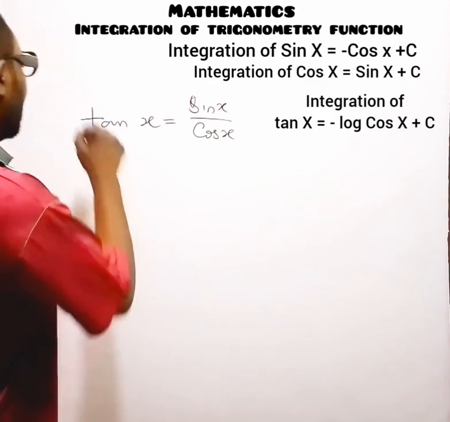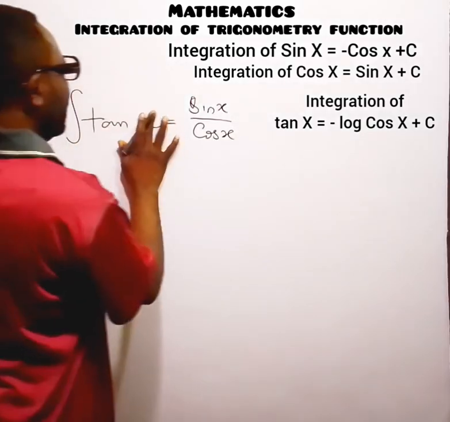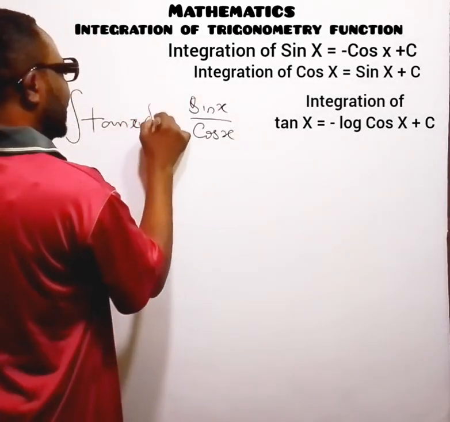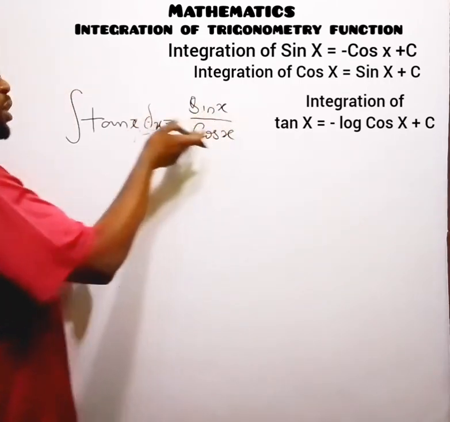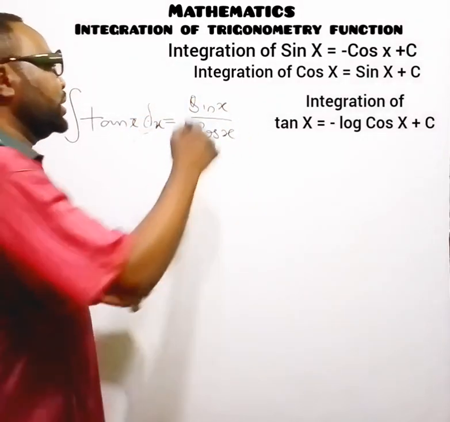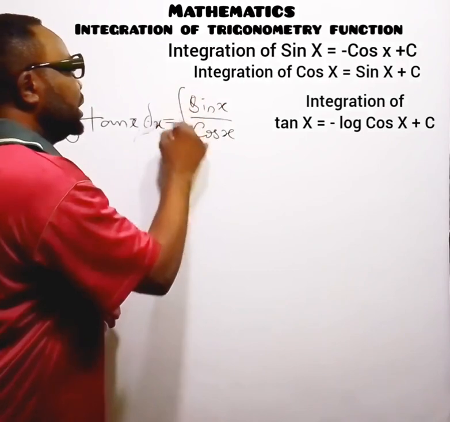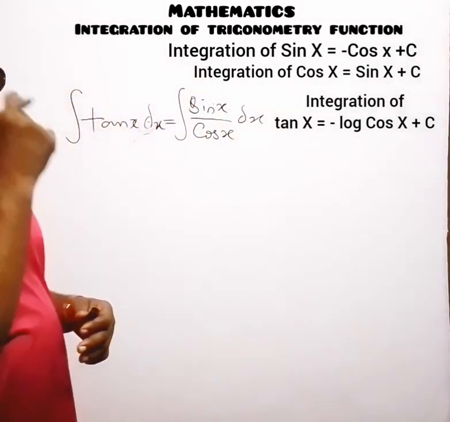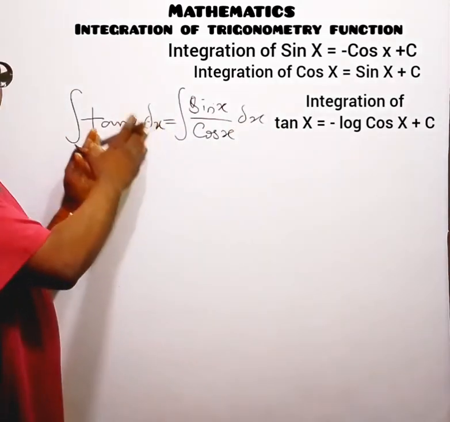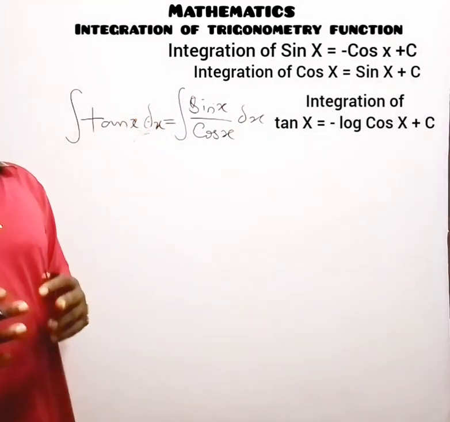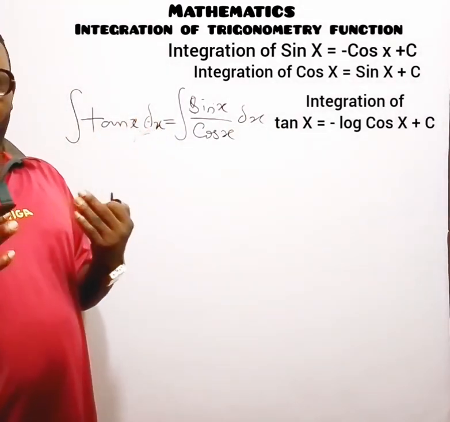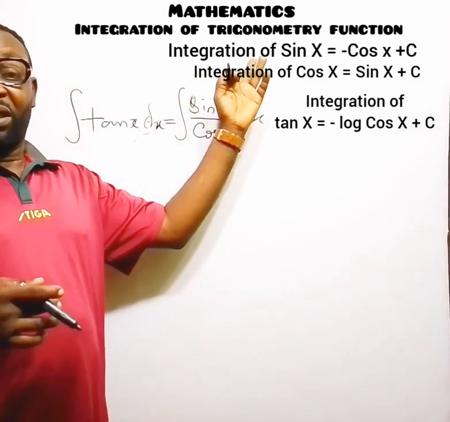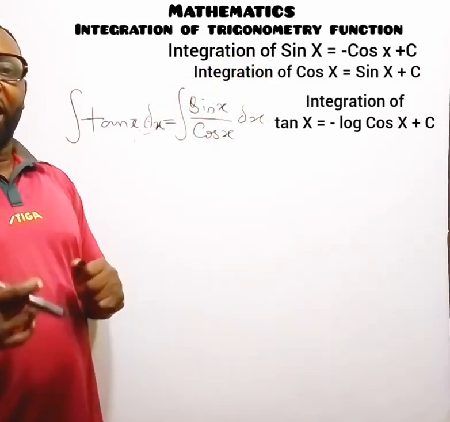Now, the integral of tan x dx is going to be equivalent to the integral of sine x over cos x dx. It is from this information here that we can get the value for the integration of tan x.